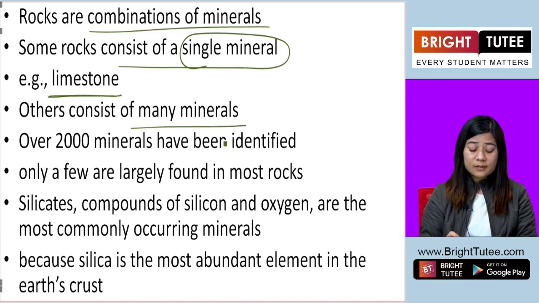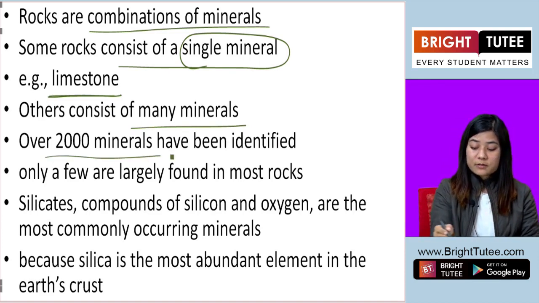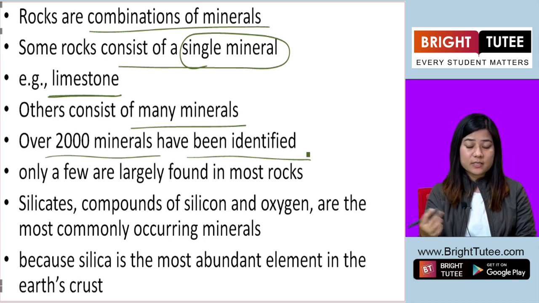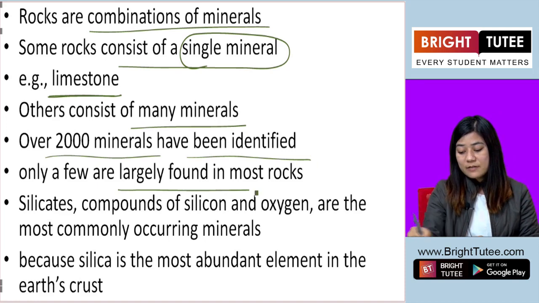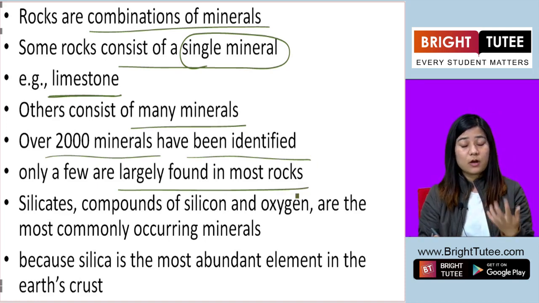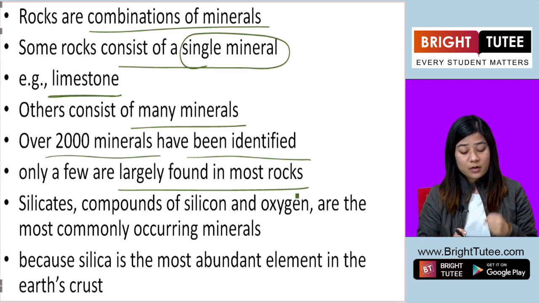Okay. There are over 2000 minerals that have been identified on our planet, but only a few are largely found in most rocks. The rest are just scattered or distributed on the Earth's crust.